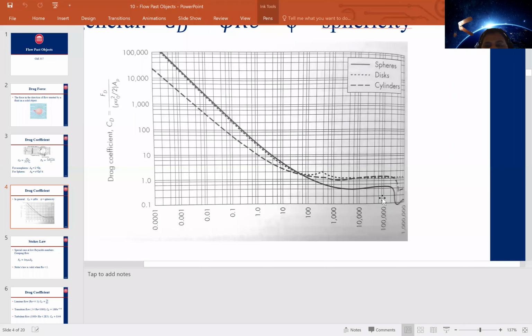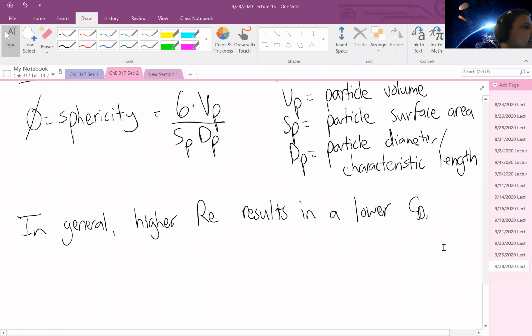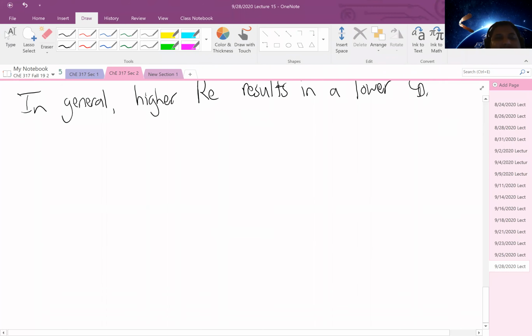It's a little tricky phenomenon that you see in systems, and it mainly occurs as a result of the boundary layers that exist on a system.